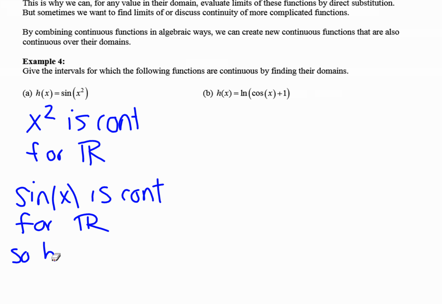So that means that h of x is continuous for all real numbers. That one was pretty simple, right? Let's see if the next one is just as simple.